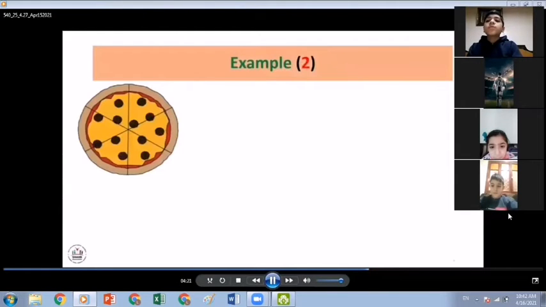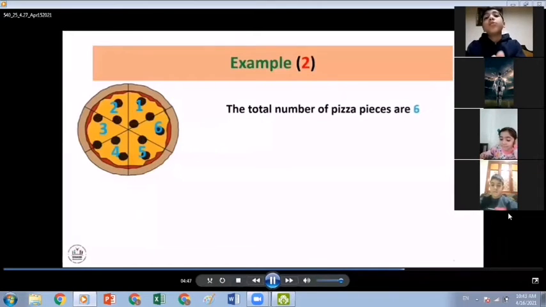Example number 2. The total number of pizza pieces is 6. Now, Ali is still hungry and he will take another piece. So, Ali eats 2 pieces of the pizza, in addition to the previous one.